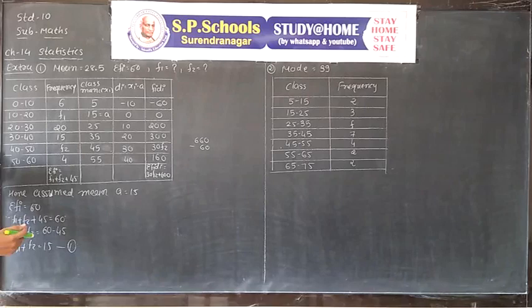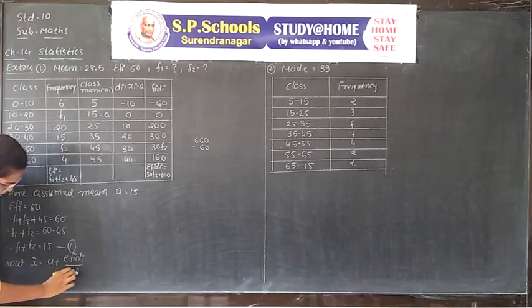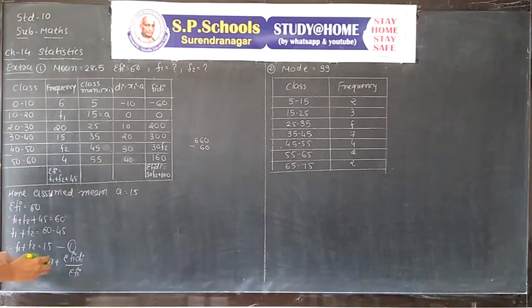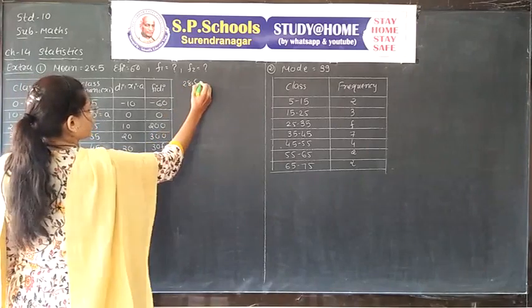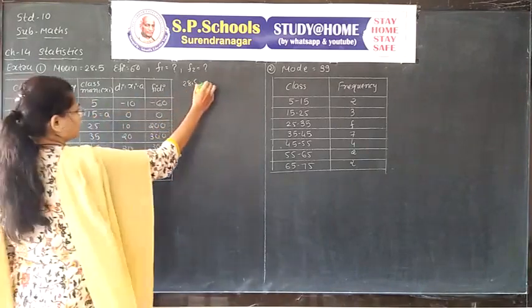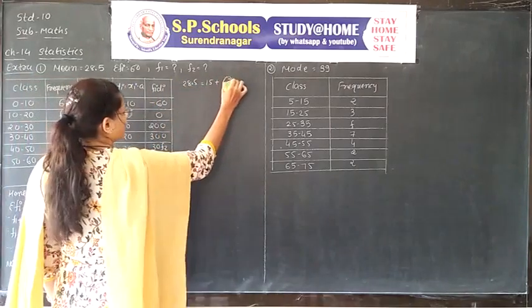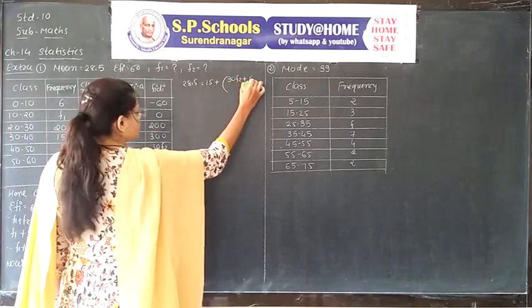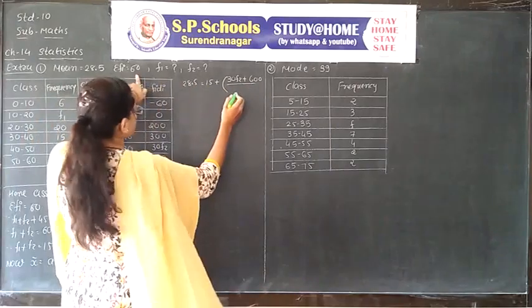Now we use the formula of mean. Now x bar is equal to A plus sigma Fi di upon sigma Fi, where x bar is given as 28.5 is equal to A, which is 15, plus sigma Fi di, which is 30 F2 plus 600, upon sigma Fi given in the question, which is 60.